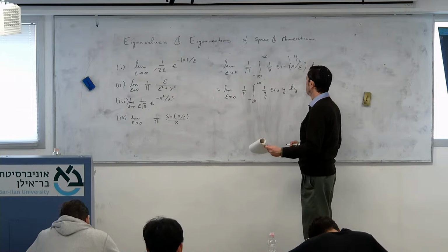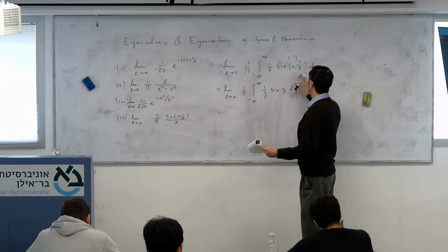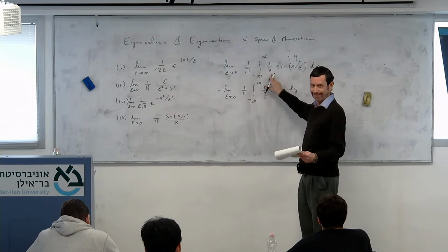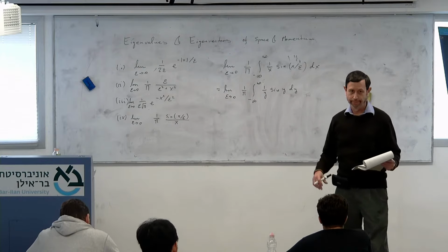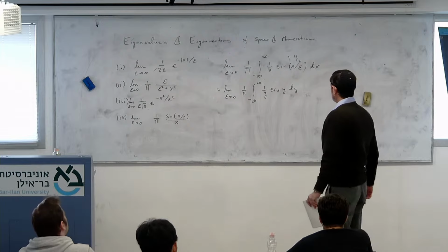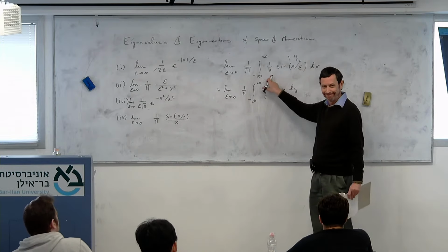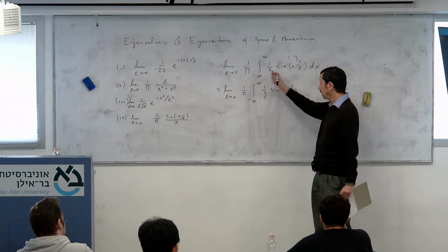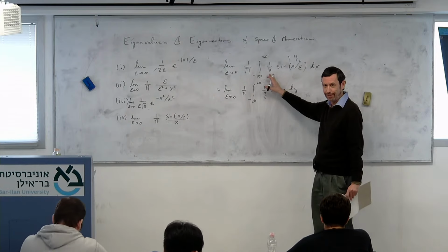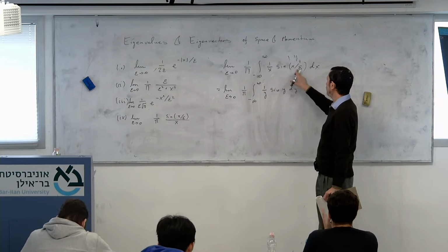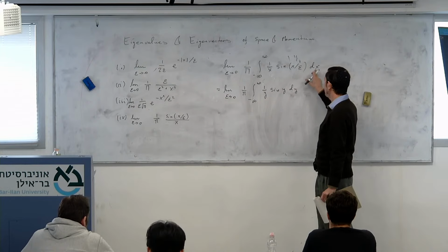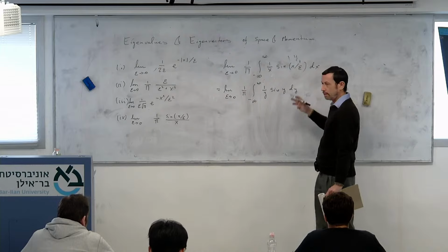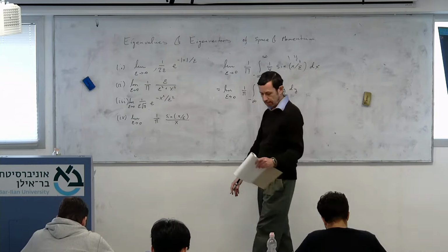I have here dx, and 1 over x kills the epsilon. Why do we use 1 over y? Because I had 1 over x. I just substitute, nothing clever here. Instead of x, I'm writing epsilon y. Instead of dx, I'm writing epsilon dy. That's it.